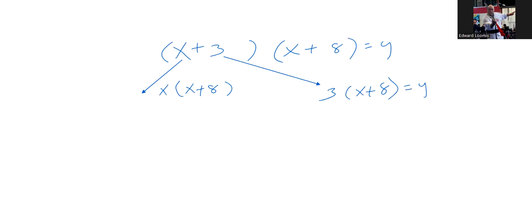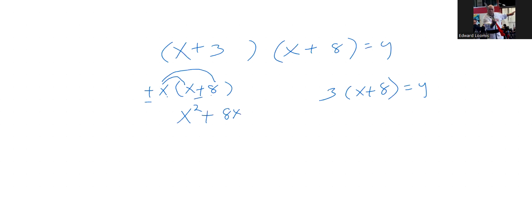Now, all I have to do at this point is distribute. I'm going to take my first x times x and x times 8. Well, x times x gives me my x squared. X times 8 gives me 8x. I have a positive times a positive. We really have to make sure we pay attention to signs.